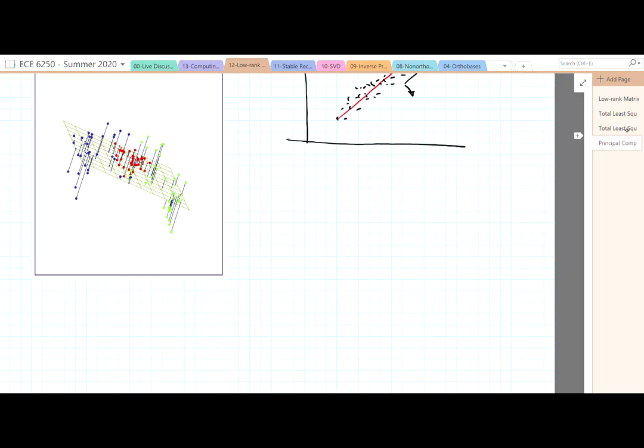So first I'll introduce a few numbers here. We have N, our number of data samples, and it tends to be large. D is the dimensionality of our samples.